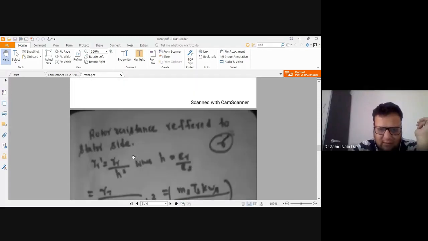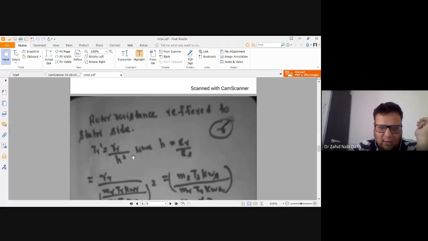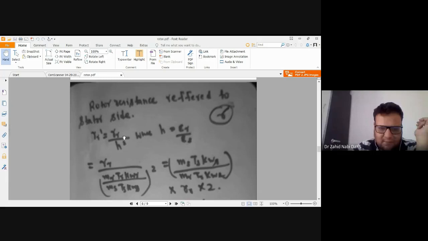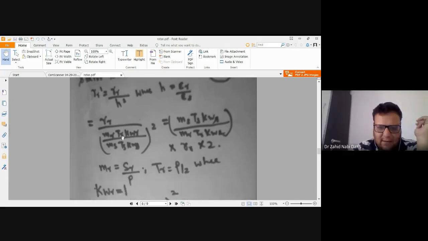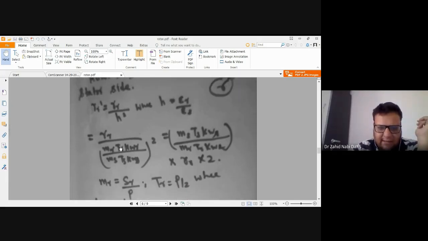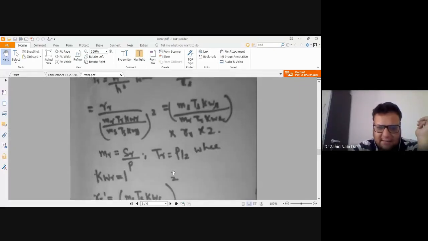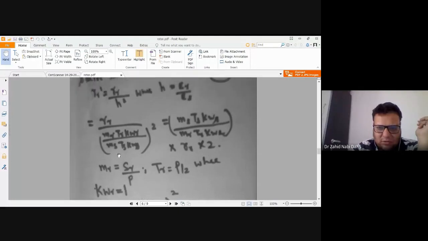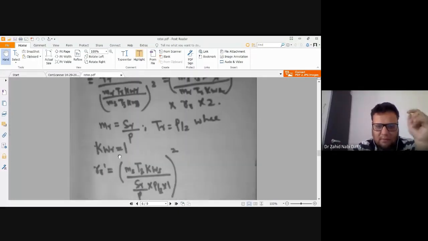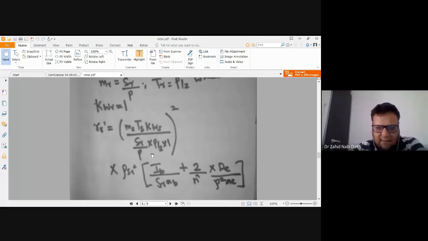So when I get the new equation, here also I can write like this. Same thing what I have shown you here. See, here I can do one more thing. I can express it as MR is equal to SR by P and TR is equal to P by 2. So same thing I'm doing here also. Similar to it, see here. MS I'm writing K square, same thing, is cancelled.